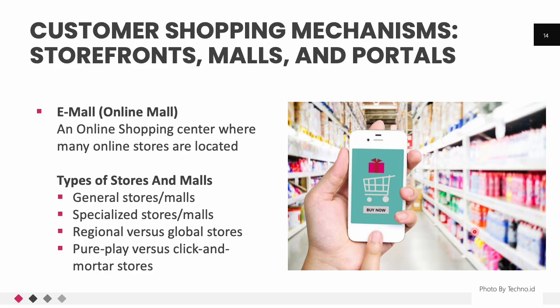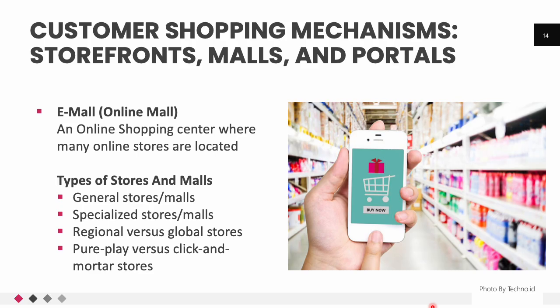And there are some types of stores and malls. Like general online stores, they sell everything, like Walmart.com and eBay. And then for the specialized stores, they focus on one niche, like shoes, or maybe tech, like PC Home for tech, something like that.